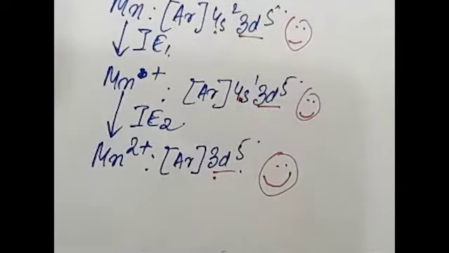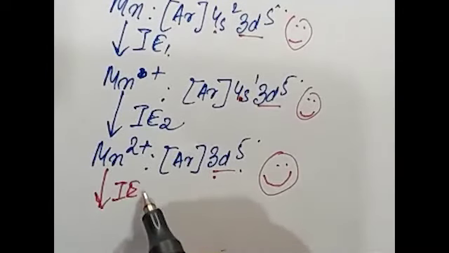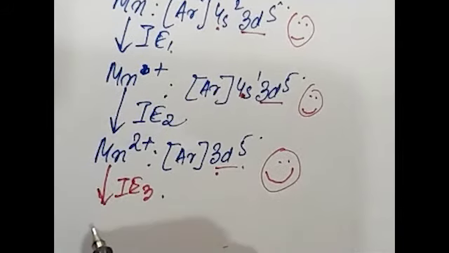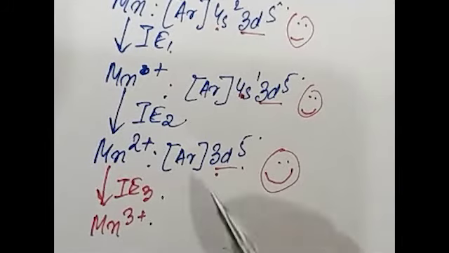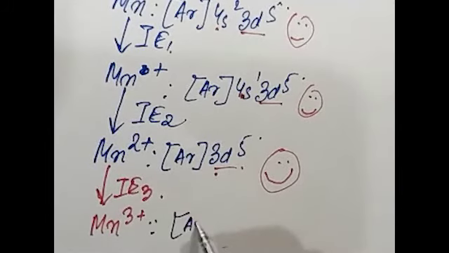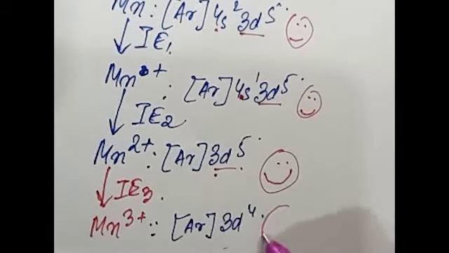But if you now give ionization energy to manganese 2 plus, and if it becomes manganese 3 plus, that is the red zone. Okay, so what will manganese 3 plus be? Argon 3d4. So in such a state, what happens?